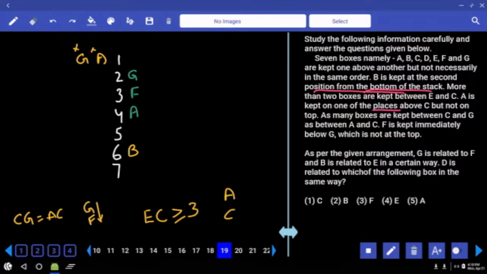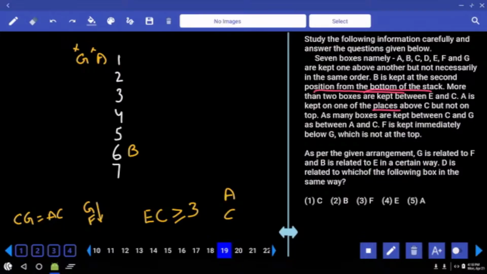If A is here, between A and C and E and C there must be greater than or equal to 3. The next one, C and G. If you take C at this place, then between C and G there are 2, and between A and C there must be 2. Is it possible? No. This case is not possible.